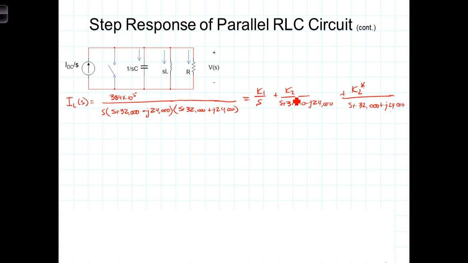Now we'll start to evaluate these constants, first of all working with the constant over the S to the first power term. We're going to multiply both sides of this equation by S, so I sub L of S times S, and then evaluate it at S equals 0.